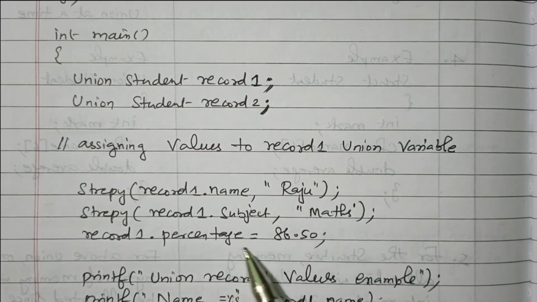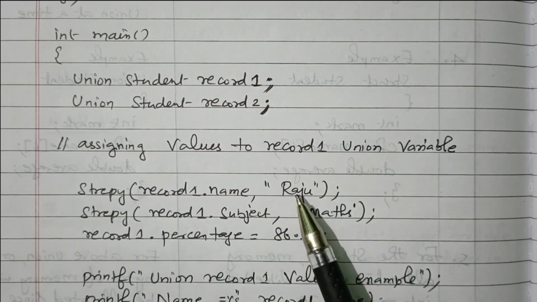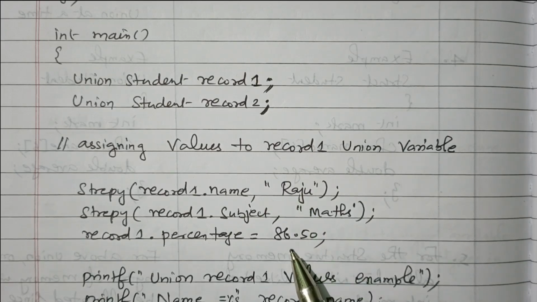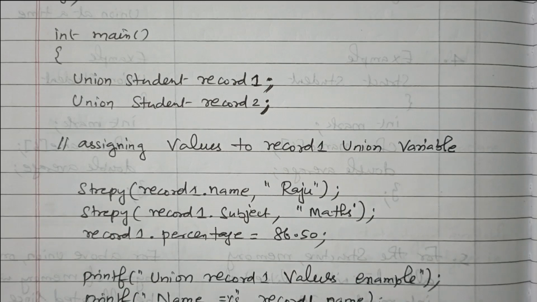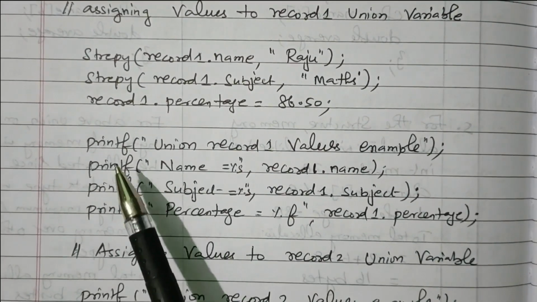Then while storing the percentage 86.5, max is also overwritten and 86.5 will be stored. Now only 86.5 is available in the memory. These two are overwritten. Now we'll print the data so that we can understand.